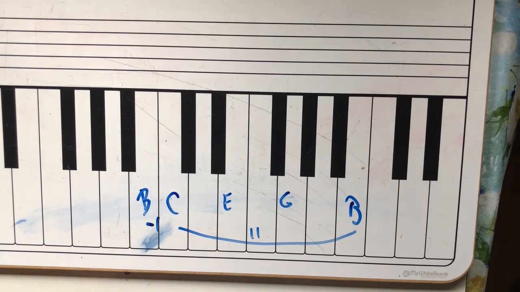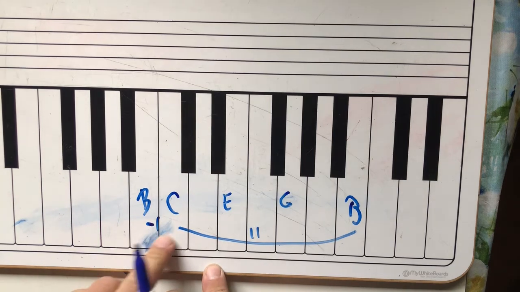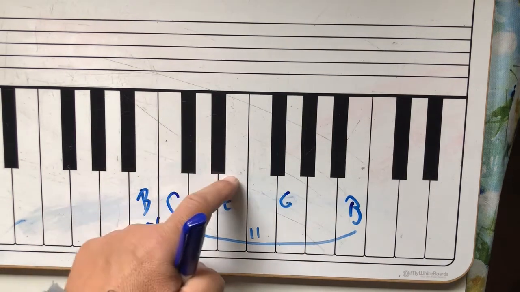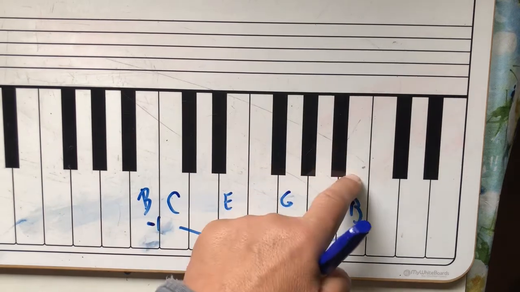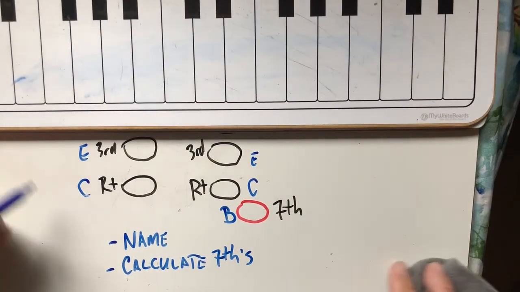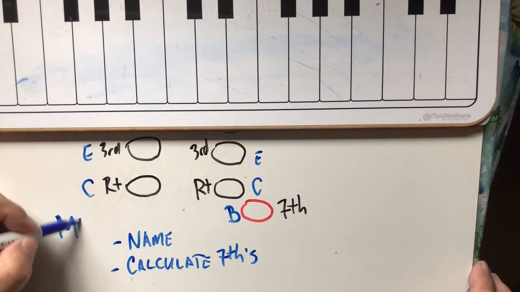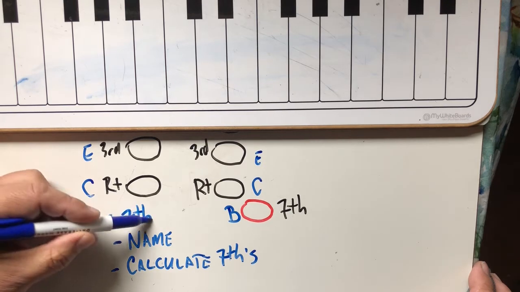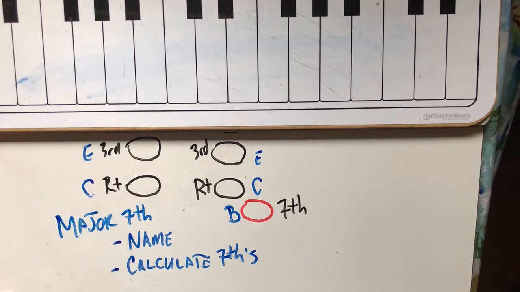That has a specific name. When your root is here and your seventh is only down a half step, meaning one key, or up 11 steps, 1, 2, 3, 4, 5, 6, 7, 8, 9, 10, 11, we call that a major seventh. I just want you to know that I recognize this gets confusing.